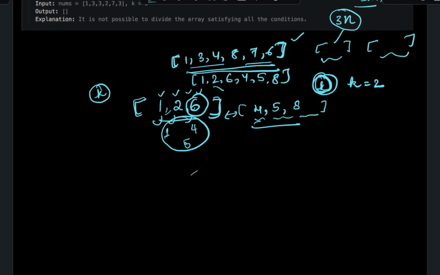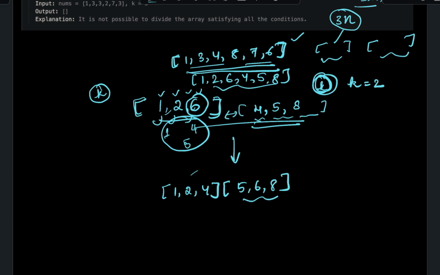If the same array were to be written in this way, say I write it in the order 1, 2, 4 and 5, 6 and 8, order doesn't matter here for now for the explanation. Let's just focus on the elements. If it's 1, 2 and 4 here, now let's check the difference. 2 minus 1 is 1, 4 minus 2 is 2, 4 minus 1 is 3.